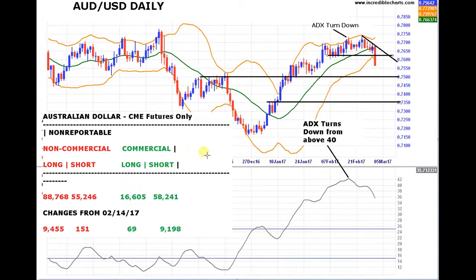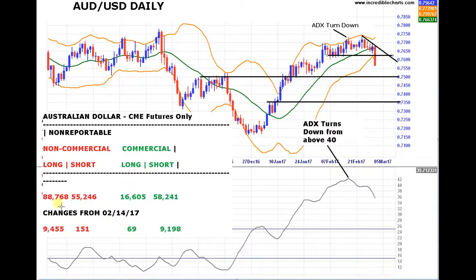For us, the commercials are the smart money. They tend to always be the right way round at turning points against the non-commercials. So what we like to see is either big opposing positions, or the two groups really moving their positions quickly. Now I'll explain the positions and how I view them.